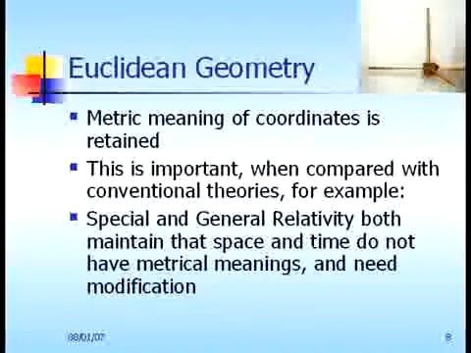Euclidean geometry having a metrical meaning is very important because in the theories of conventional science, for example in special and general relativity, space and time are seen not to have metrical meanings and require suitable modifications, whereas in the reciprocal system we maintain that the metric meaning of coordinates is always true.